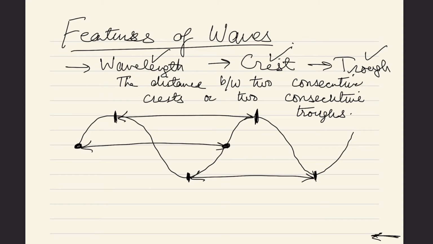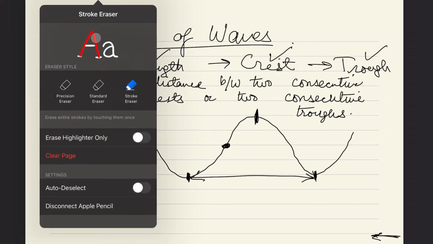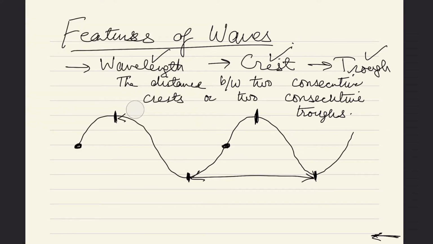So the next feature of the wave that we have to discuss is the amplitude. So let's suppose this is the middle of the wave. Now amplitude is basically the distance.